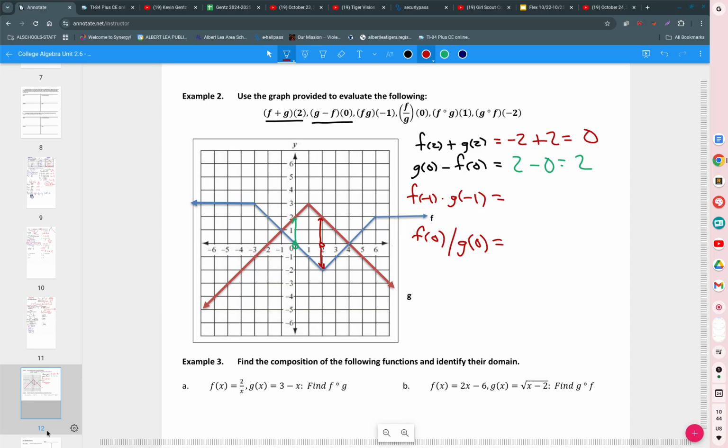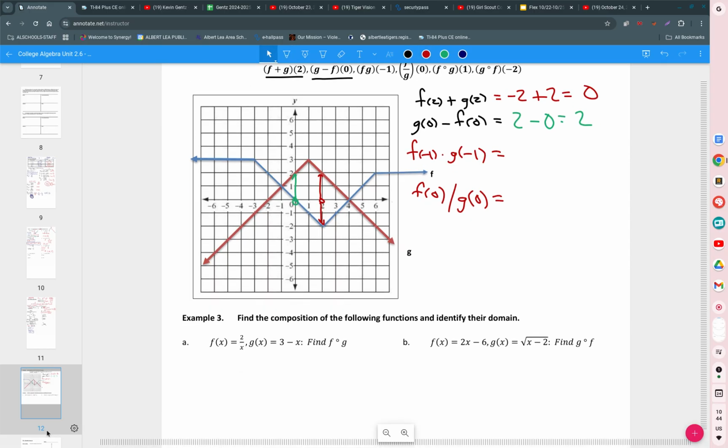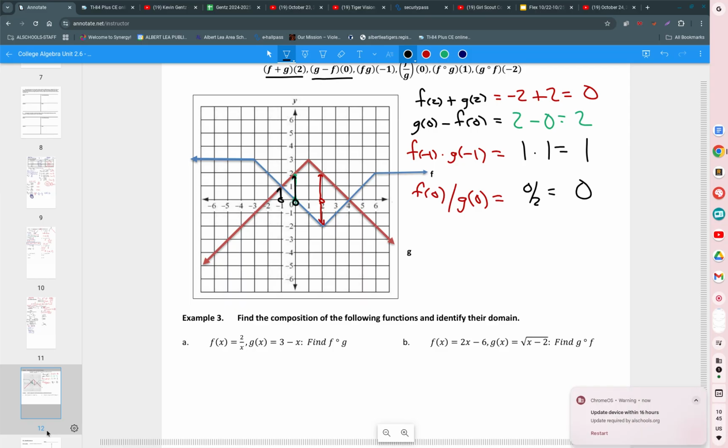Times g of negative 1? Yep. I have 1 and 0.